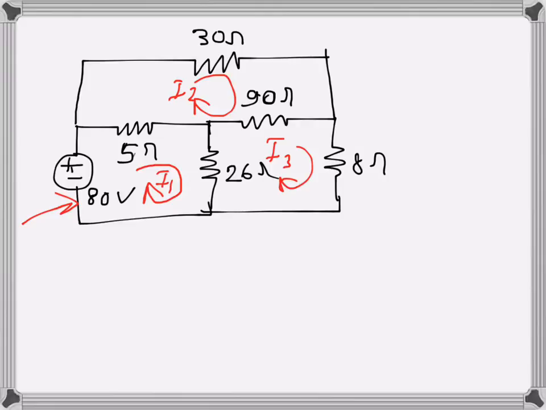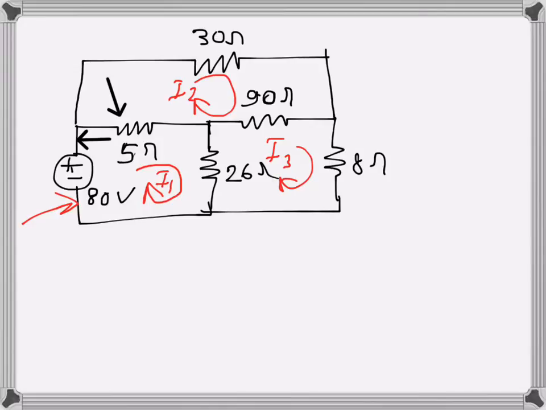Basically we are saying these are the currents through the mesh, but when it comes to one of the branches, say this one, the 5 ohm resistance, the current is actually I1 minus I2 in this direction, or we can say I2 minus I1 in this direction.